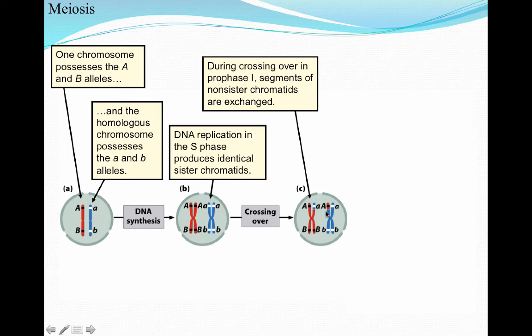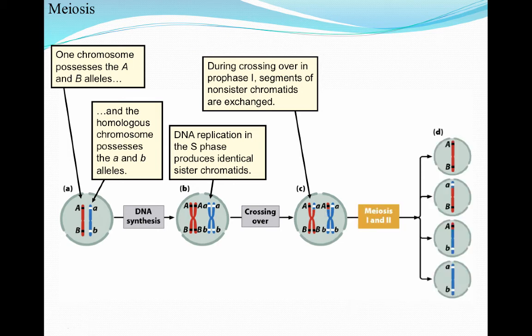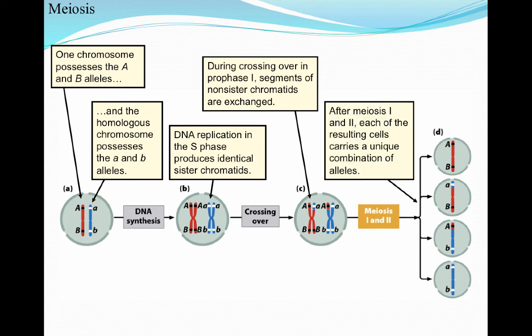This is crossing over. And then as that cell proceeds through the rest of meiosis 1 and meiosis 2, our ending result is 4 1N cells that have this new portion of DNA associated with it. So this is really one source of genetic variation that allows us as an organism to evolve.